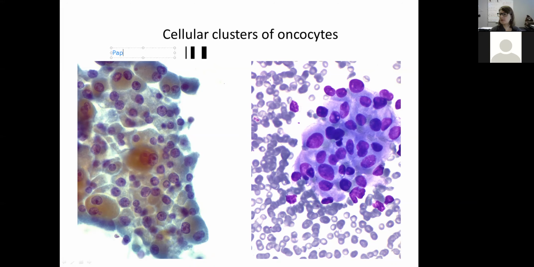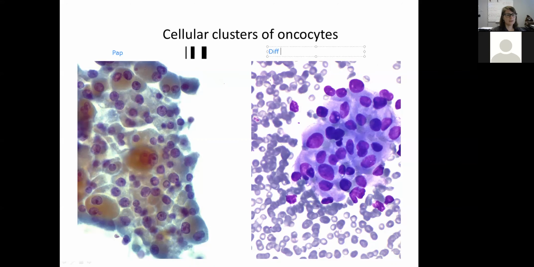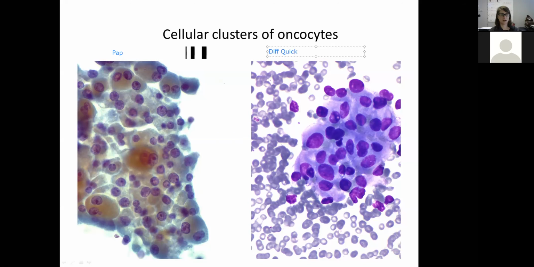One is the Diff-Quick, and one is the PAP. And so the one on the right is the Diff-Quick stain, and that's what is used during rapid on-site evaluation. It's quick, literally, because you can stain the cells very quickly.